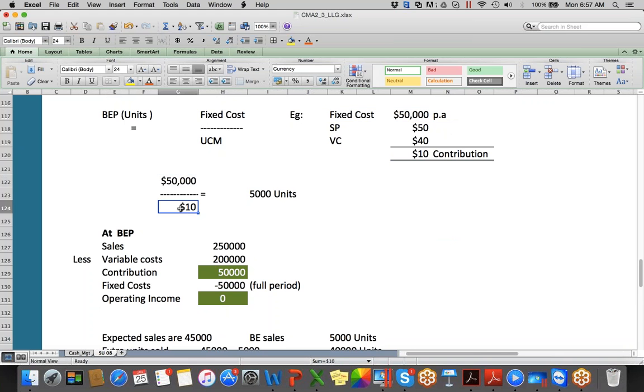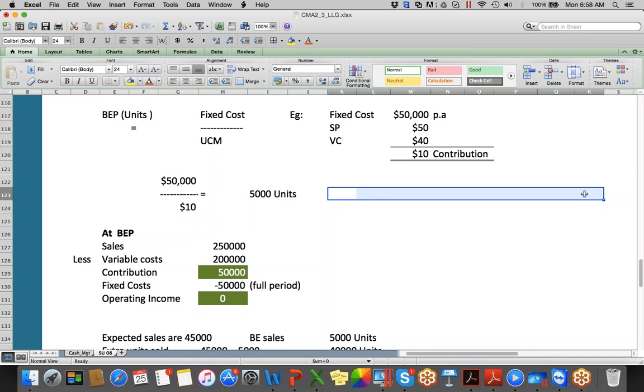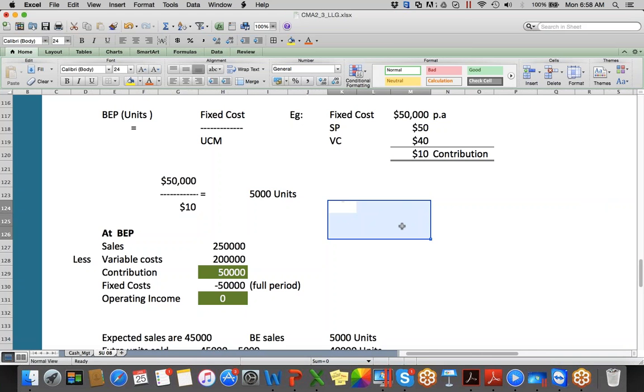Fixed cost divided by contribution margin. I received here an information saying that yes, if you sell 5,000 units, there will be no profit, no loss, which means 5,000 units is your break-even point, which will cover the fixed cost of entire year and all the costs of the break-even period in which you are going to sell this 5,000 units, whether it is 3 months or 4 months or 5 months, like that.